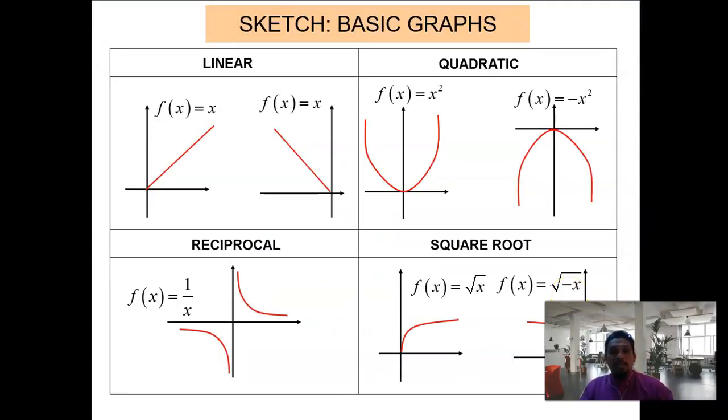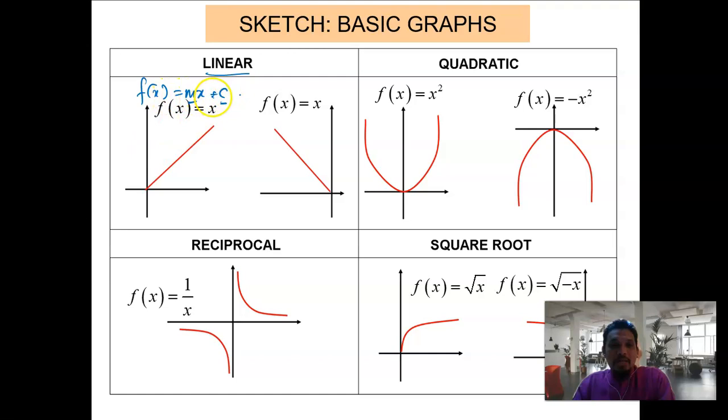So now class, sketching a basic graph. As we know, linear is a straight line, from f(x) equals mx plus c. m stands for the gradient, which is either positive or negative, and c is the value of y where the function cuts the y-axis.